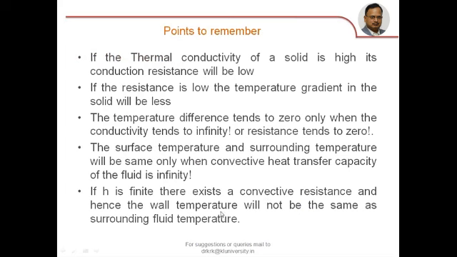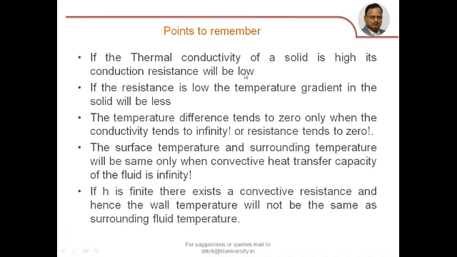Now have a look at these points. Try to understand carefully. If the thermal conductivity of a solid is high, its conduction resistance will be low. Why is it so?